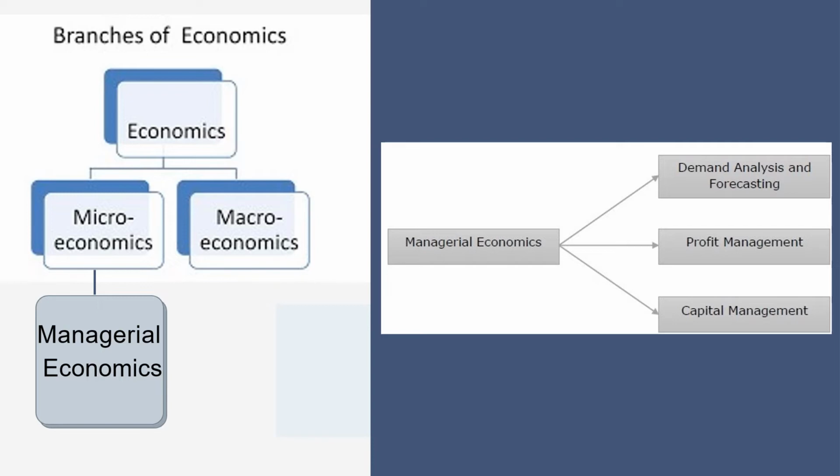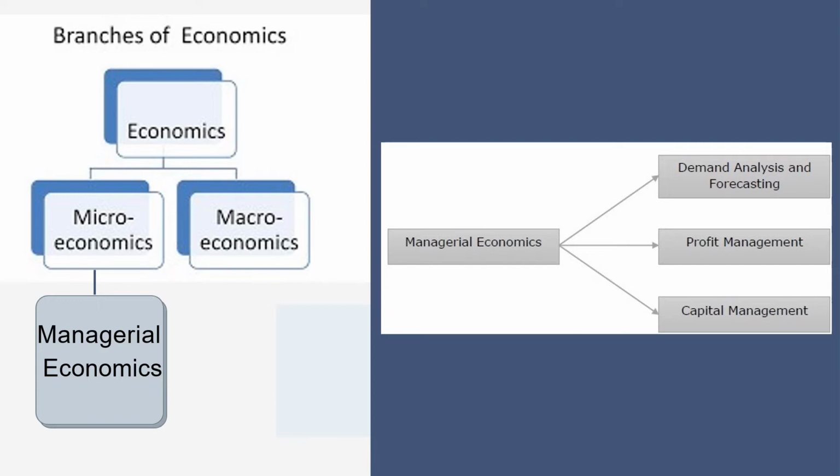For microeconomics, we're concerned about the budget of the households, the return on investment of a certain business, or maybe the sales of the business, or the budgeting of the business, the production of this particular industry. So these are the concerns of microeconomics.